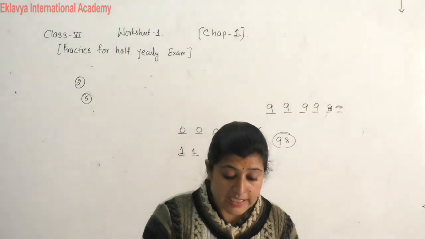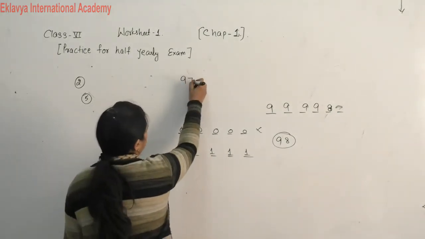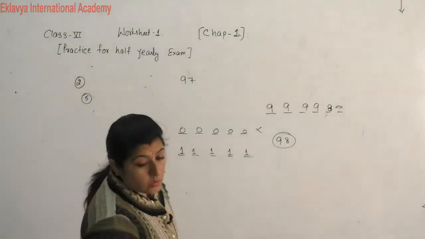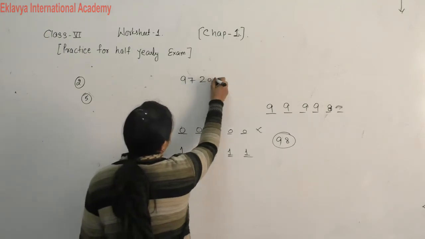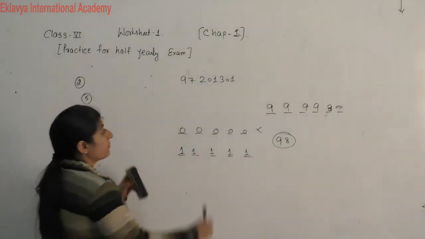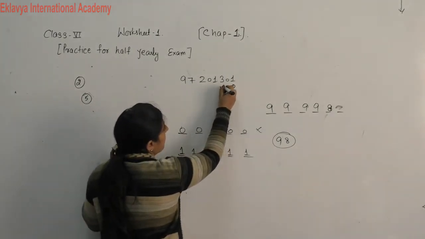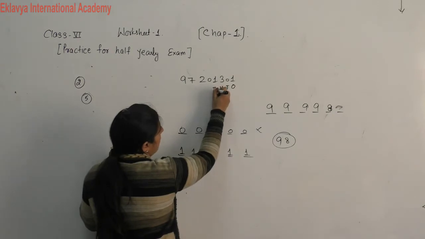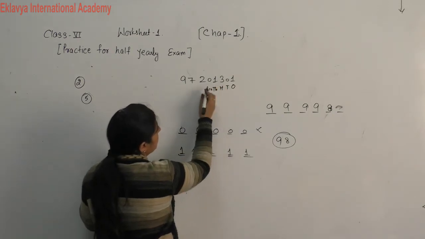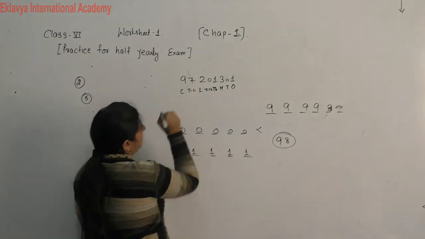Next, see, express the number in words. The number given to you is 97201301. Before expressing it, we write down ones, tens, 100, 1000, 10,000, then lakh, 10 lakh, crore.